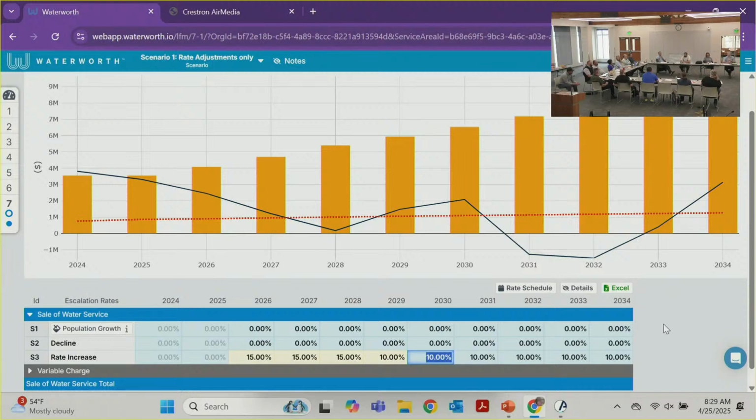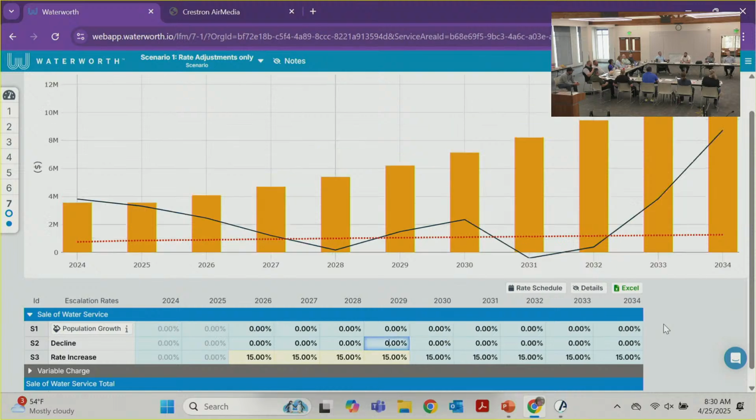One of the difficulties that we're facing is we purchase all of our water from Weber Basin. Weber Basin has a large number of projects that they've increased our rates by, I think, over 10% per year. It's a 3-year high increase, and then they back it back down.